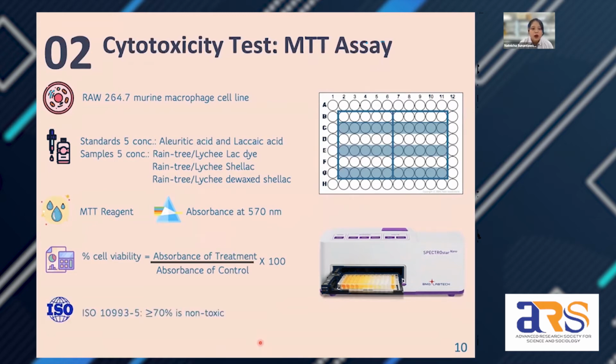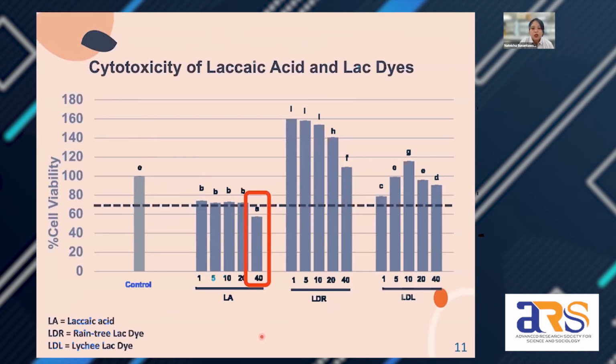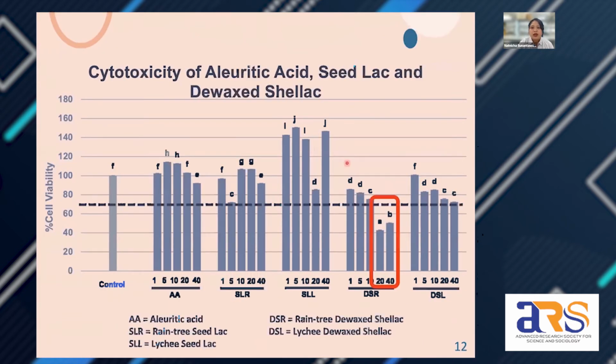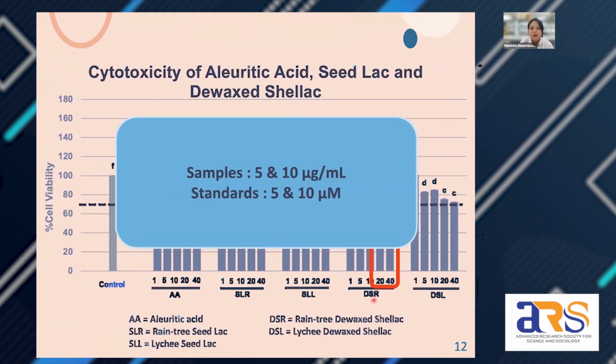According to ISO 10993 part 5, greater than or equal to 70% is non-toxic. And the result shows that in the lac dye group, only 40 micromolar of laccaic acid is toxic. And at the same time, in the resin group, only 20 and 40 microgram per milliliter of the resin samples are toxic. Therefore, we chose up to 10 microgram per milliliter and up to 10 micromolar of samples and standards for the further studies.